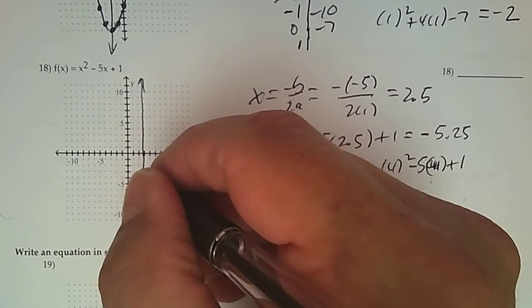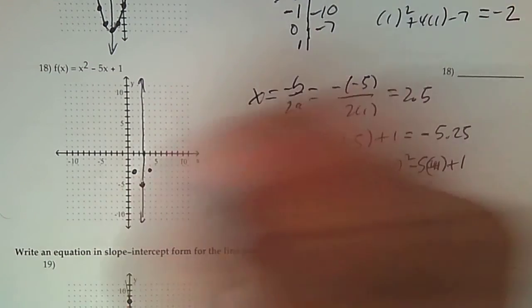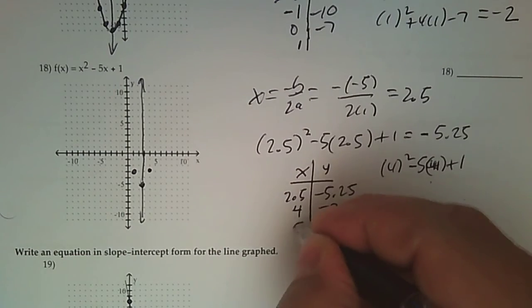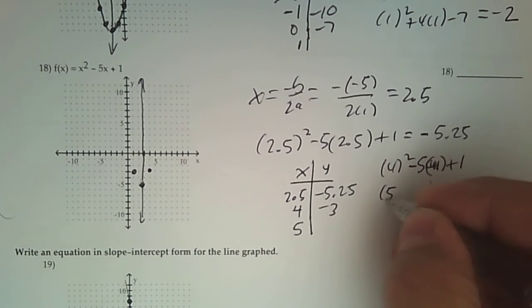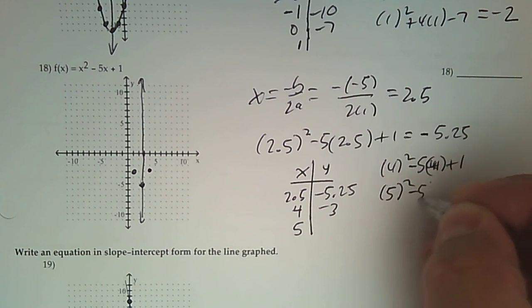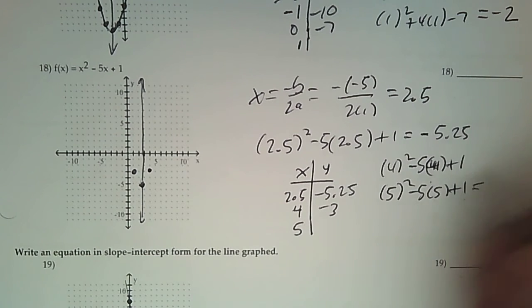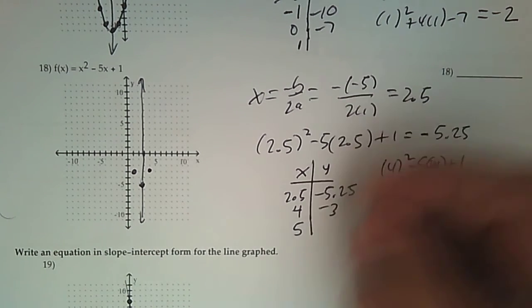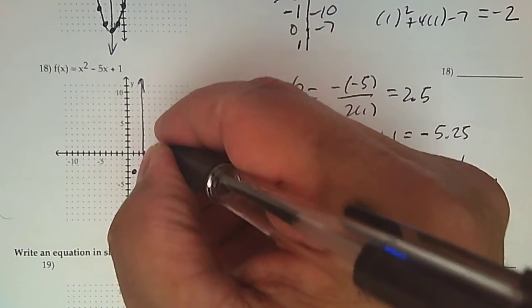And then reflect on the same line. You could also put in 5. That's 25 take away 25. That just leaves me with 1. And then again, reflect over.